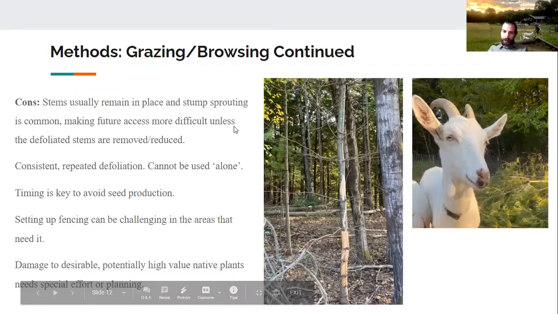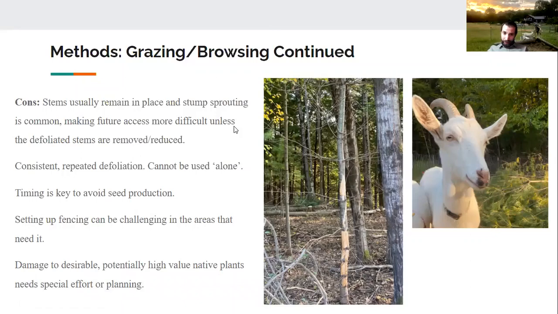The last thing I was going to say about research is that the research I've done on goats reminded me how little accurate and really scientific information there is out there. I've heard a lot of home recipes for non-chemical management of invasive plants, and one of them involves spraying vinegar and things as a defoliation method.